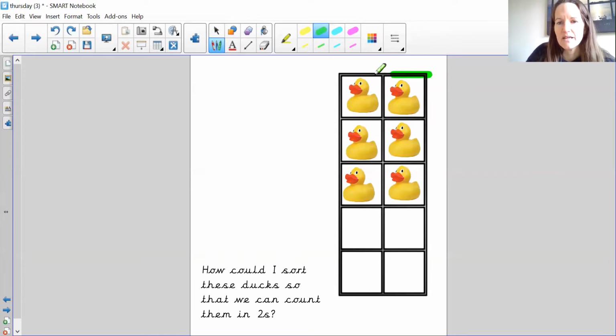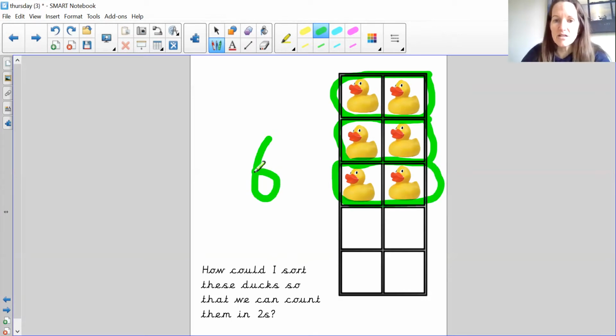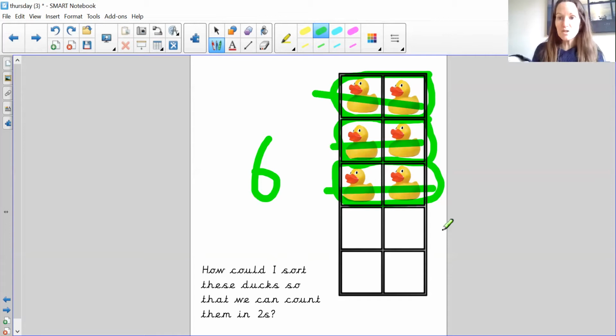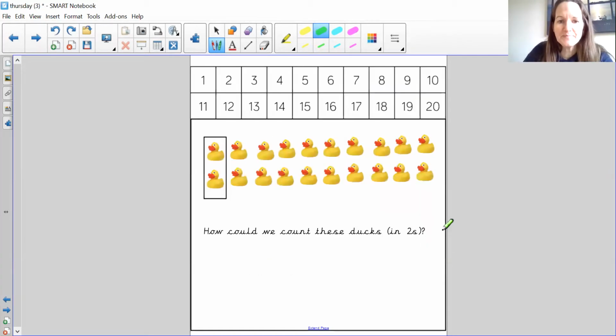Here I've got 2, and then here I've counted them 4. Here I've got 6. So I have 6 altogether. 2, 4, 6. Can you say that? 2, 4, 6. Well done.